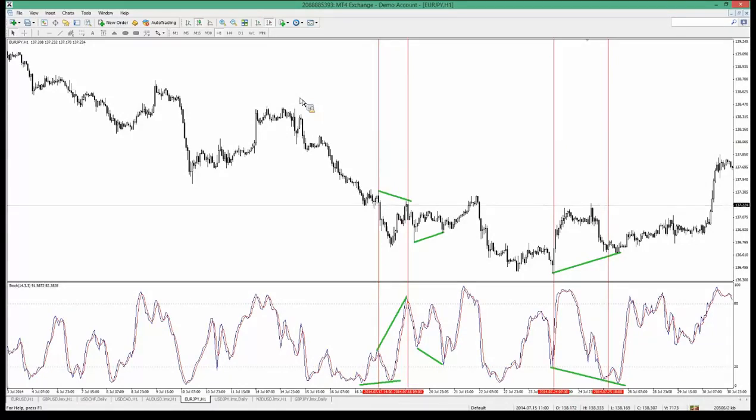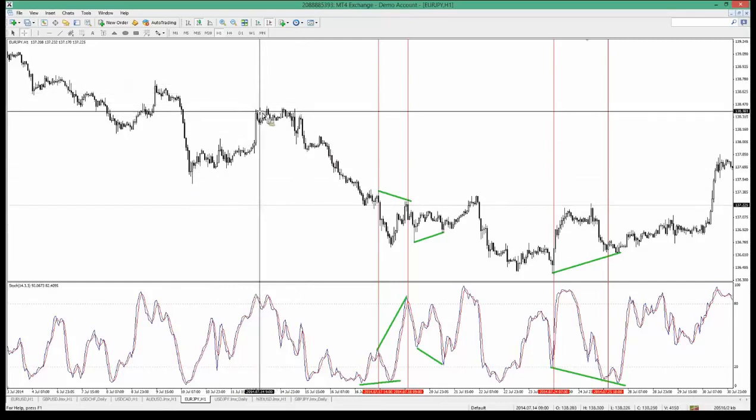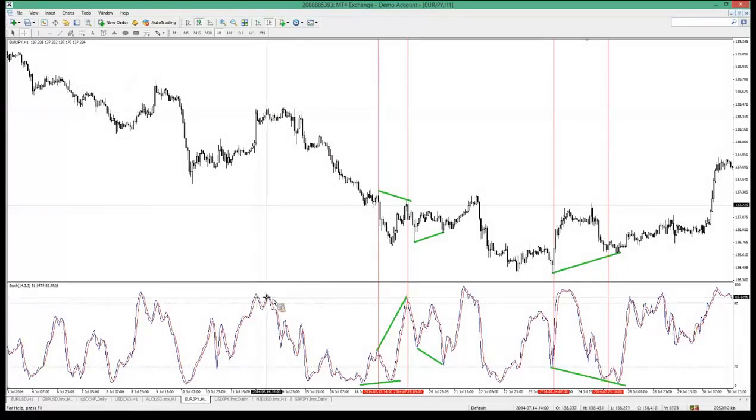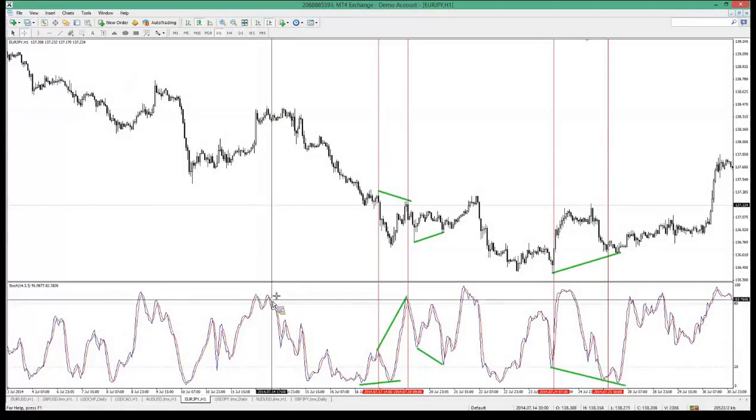So remember, for the guys that have looked at the method we're currently working on in the room, we have price in a downtrend, and then we're looking at a pullback with the stochastic. But the added weight is obviously if we've got that divergence.